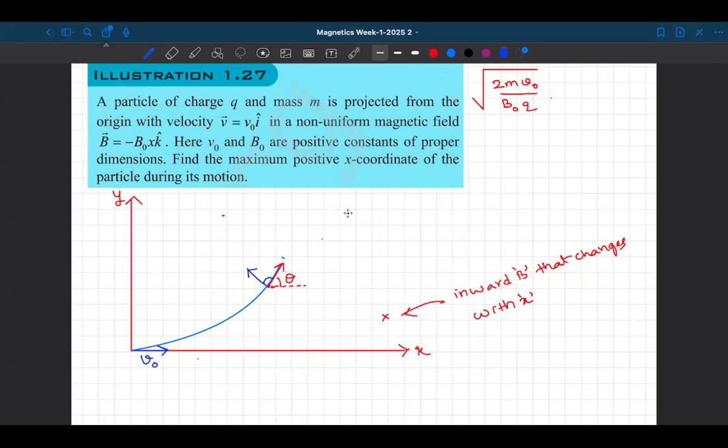Okay, fine, magnetic force I have identified. What is AY according to me? What is AY according to me?